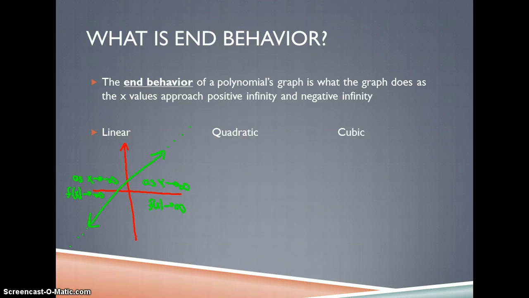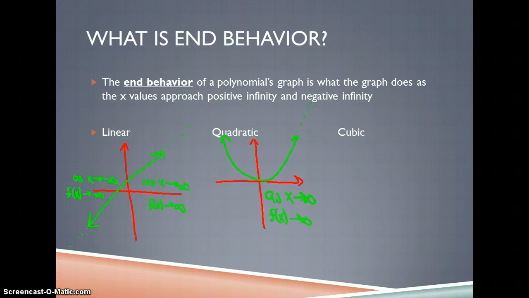Now they won't always be the same. In some cases they are, some cases they aren't. We'll see those here as we go. But that's a linear. Quadratic polynomials, we've been working with those. Let's just say we had this U shape here. So here, as x goes to infinity, f of x goes to infinity, because as we go further and further out the right, these values go further and further up.